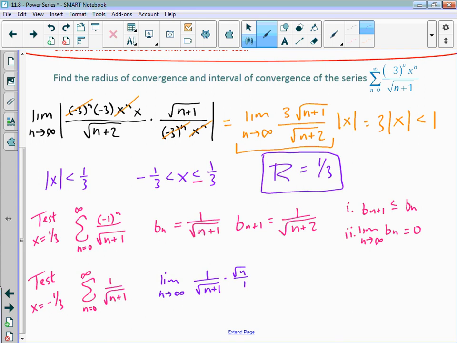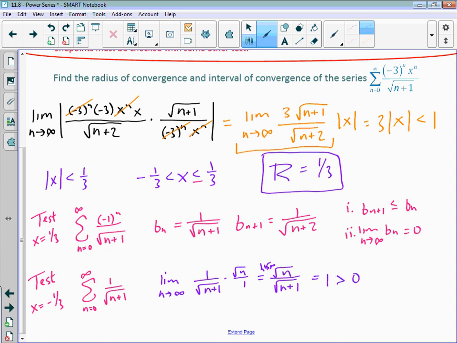That seem okay? So we get the square root of n over, whoops, I forgot my limit there. Limit as n goes to infinity. So as we go to infinity, what is that going to turn into? 1. And c has to be greater than 0, so it is, right?